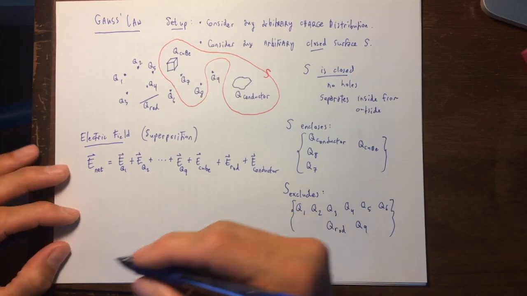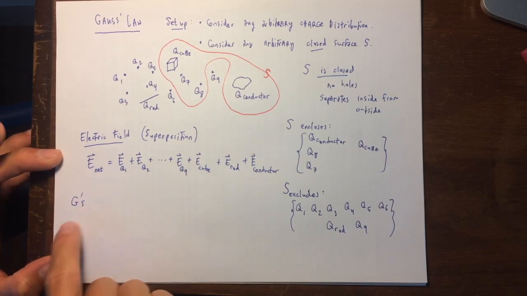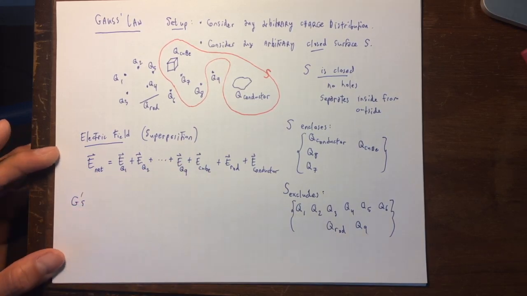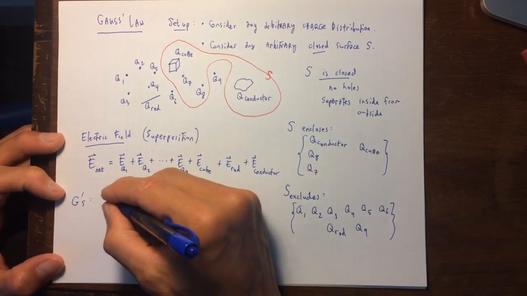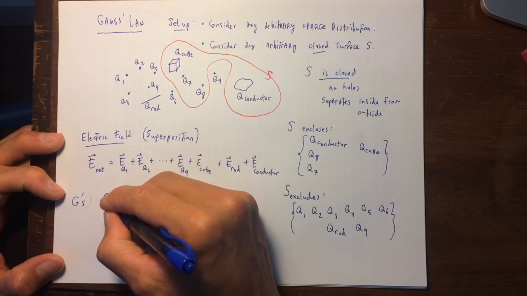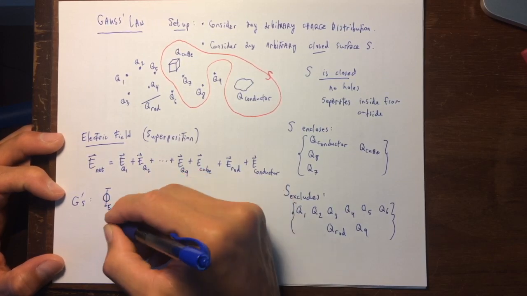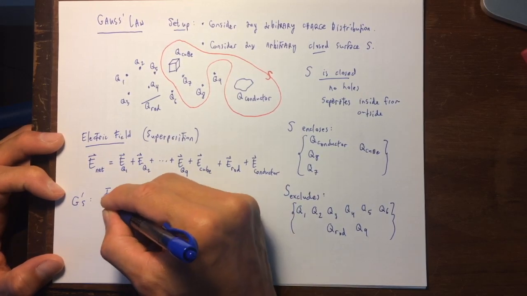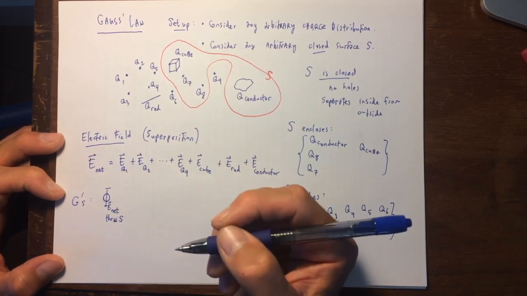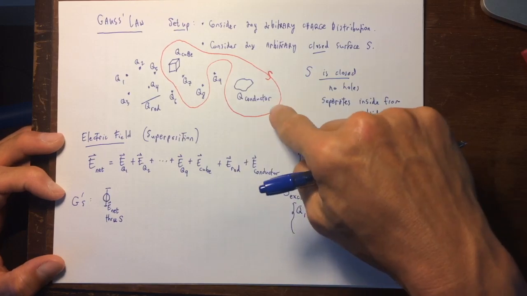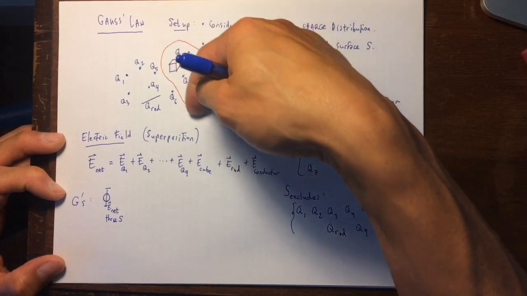So Gauss's law says, and I'll just use a capital G, abbreviating Gauss's name, it just says this: if you were to integrate up the flux of the net electric field through S, right? So we have a surface and we have a net electric field everywhere, including at places on the surface.